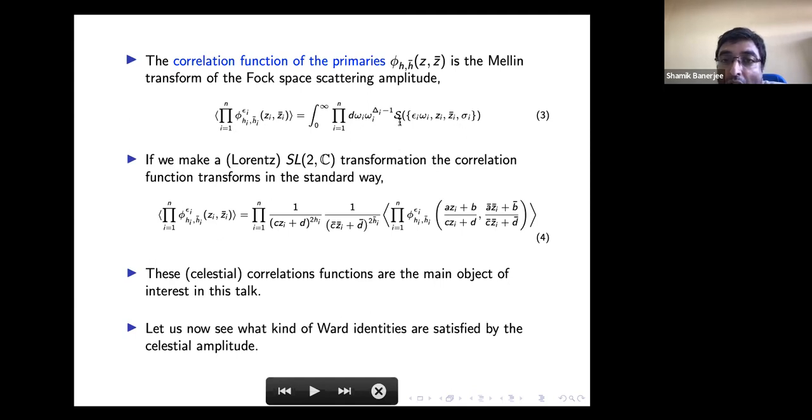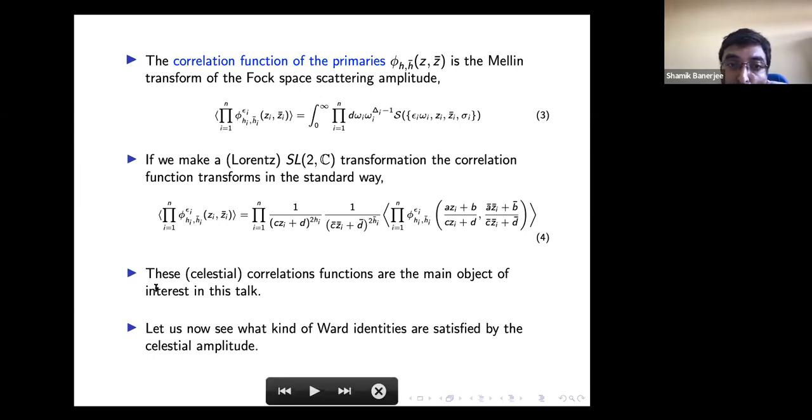We know how the S matrix transforms under the Lorentz transformation, and that gives me this equation 4, which is the way the correlation functions of a two-dimensional conformal field theory transform under SL(2,C).